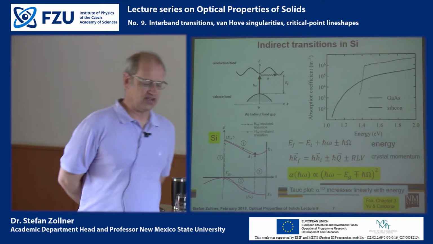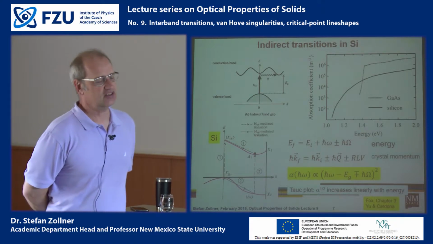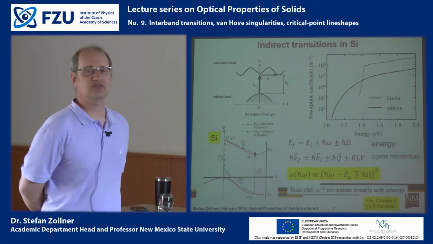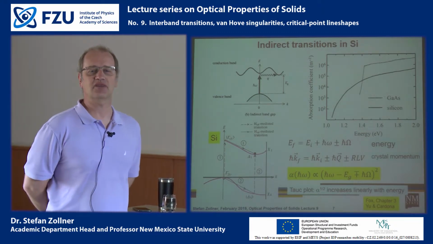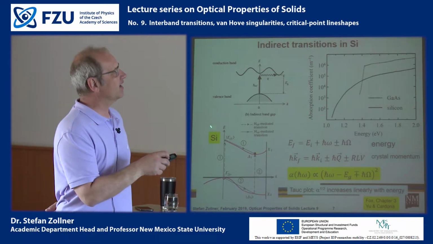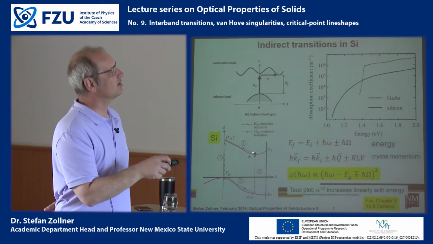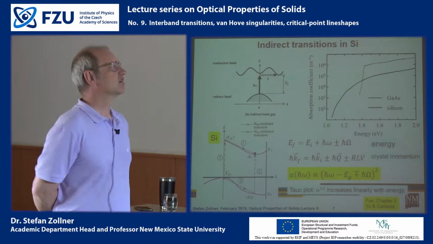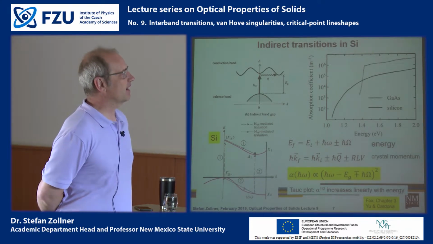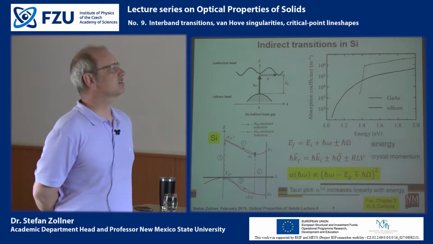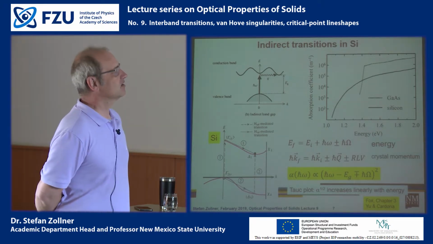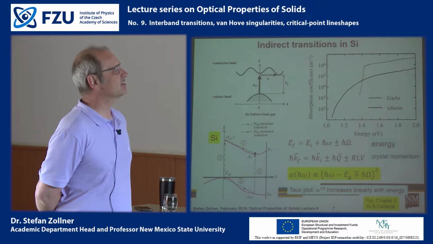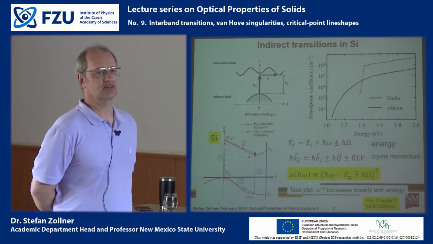And therefore, if we do the calculation in quantum mechanical perturbation theory, there are some energy denominators. The magnitude of these energy denominators, how large is the energy mismatch for this transition, determines how likely it is for this process to happen.